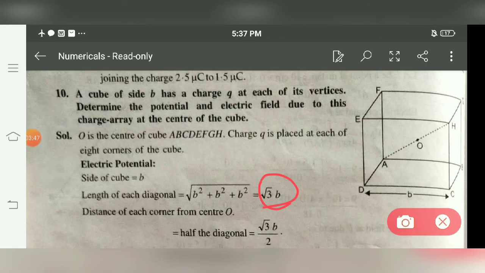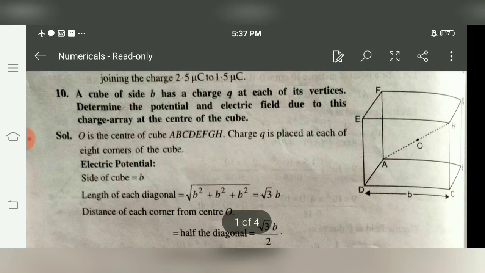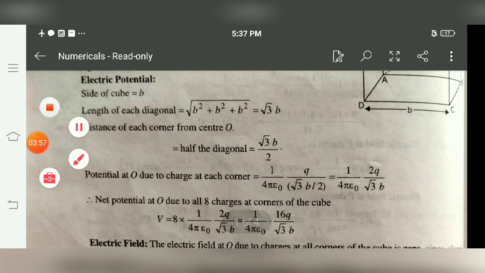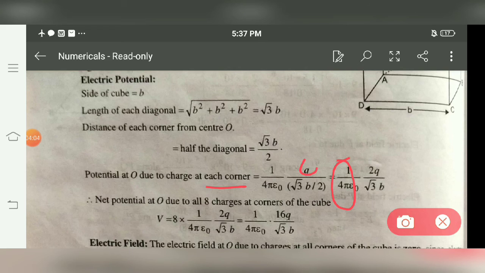But we have to find the distance of the vertex from the center, so we will take half of this diagonal. So this is the distance of each vertex of this cube from the center. So potential due to one charge at the corner is equal to 1 by 4 pi epsilon naught, charge upon distance. Taking 2 in numerator, we get this.